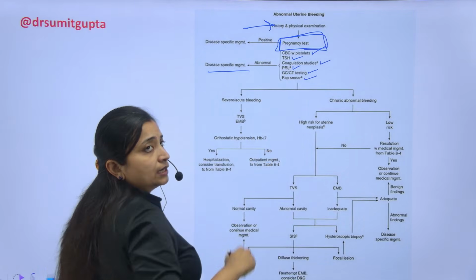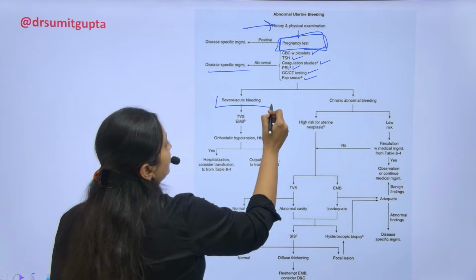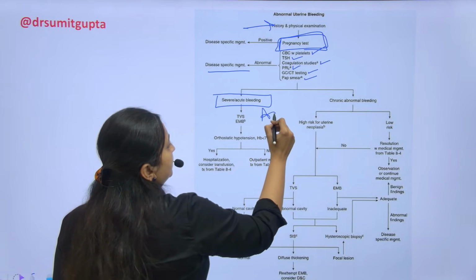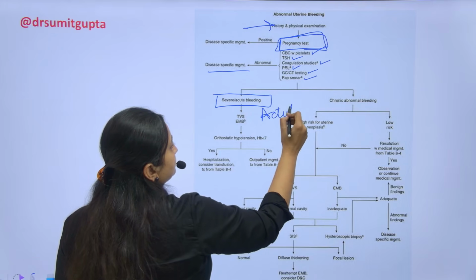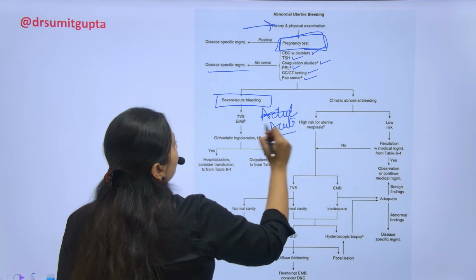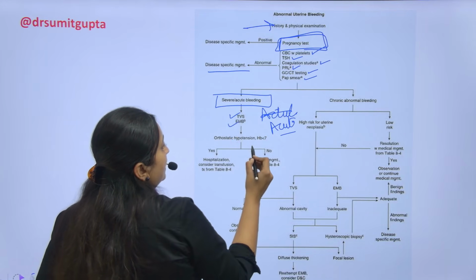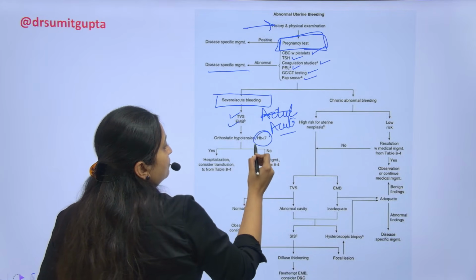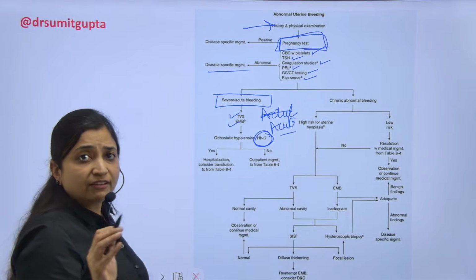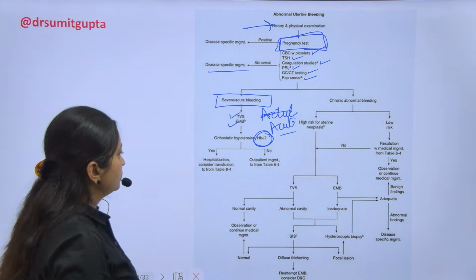If they all turn out to be normal, and she is having acute AUB, she is bleeding severely, then what do we do? We go with a transvaginal sonography or endometrial biopsy. If the patient has a hemoglobin less than 7 or she has orthostatic hypotension, that means she needs emergency management.